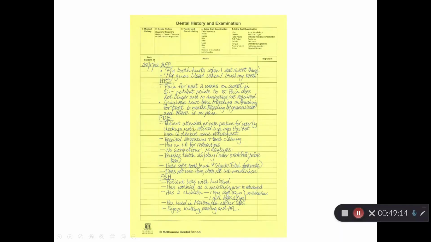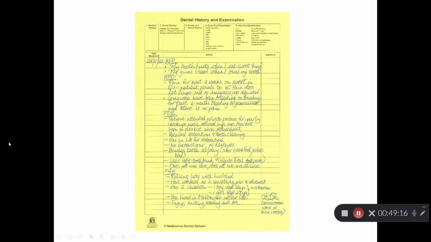Okay, what has to happen here is it needs to be signed. It's got to be checked. So your demonstrator will give you instructions on when they're going to come and check things. Usually they'll get you to do the medical history and ask you to call them over once you've got that information so that they can check before they allow you to move on to the dental history.